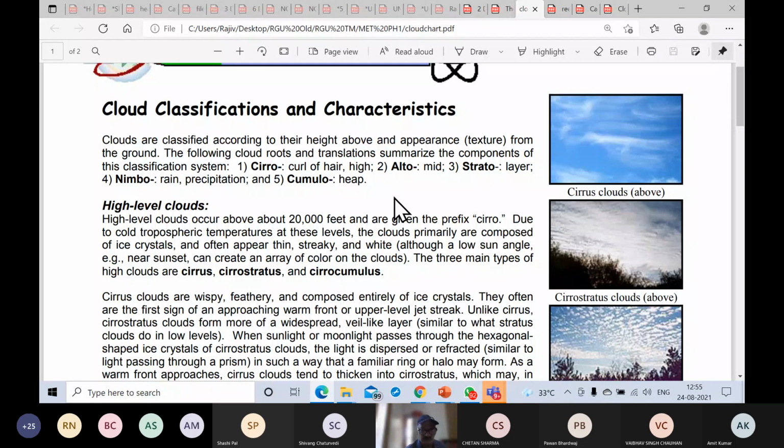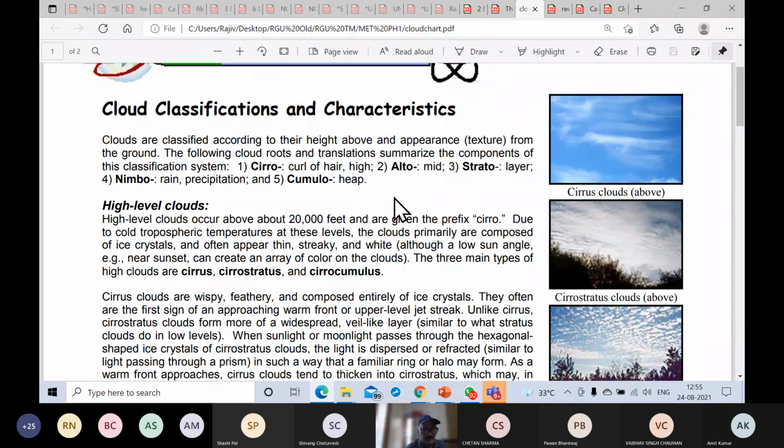When we talk of appearance, we are looking at the appearance and texture as seen from the ground, from sea level. Obviously, an appearance judged from height will be different, but classification is according to height above sea level and the appearance of the cloud from sea level.